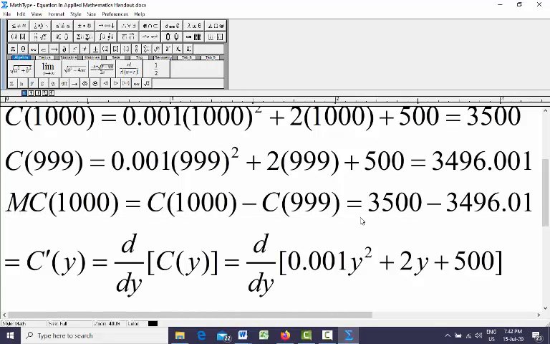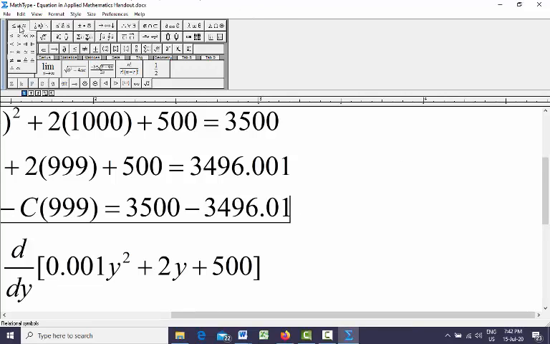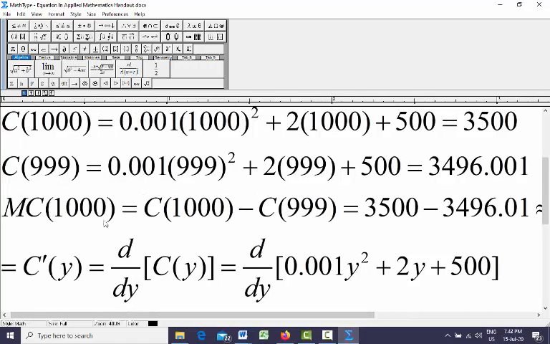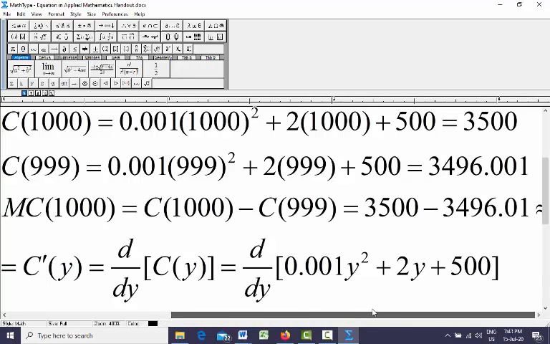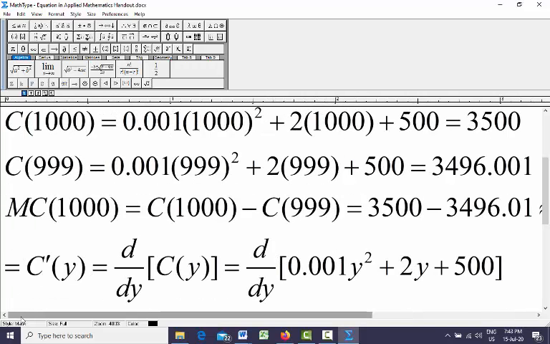So 3500 minus this one is approximately $4. So that's the answer. The marginal cost of producing the 1000th unit is equal to $4. So that's one way of calculating marginal cost.